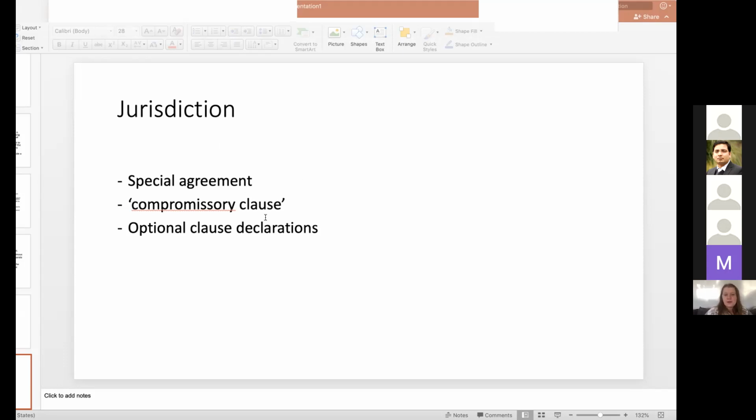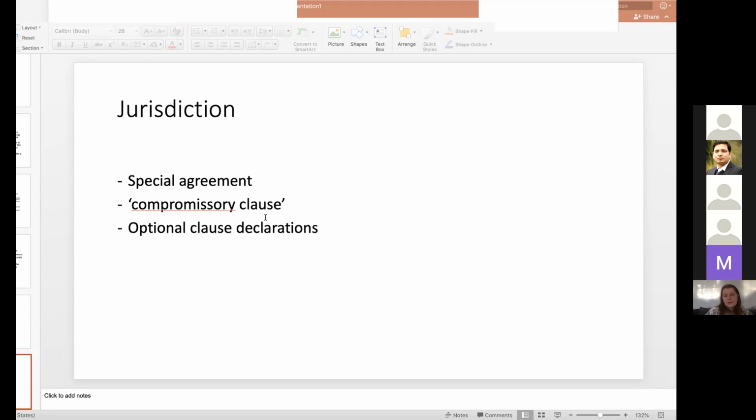Quite a large number of international treaties, both bilateral and multilateral, include this kind of clause, which awards the International Court of Justice jurisdiction with respect to questions that might arise from the interpretation and application of the agreements.